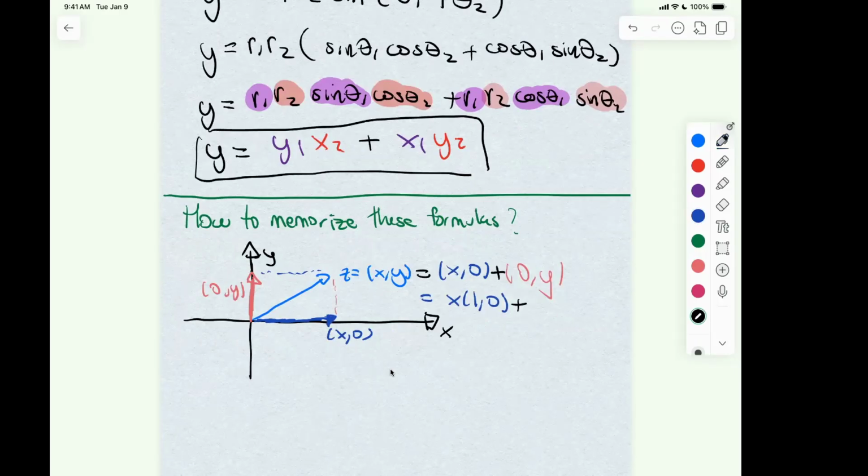Why? Because x times 1 would be x and x times 0 would be 0. And then this would be y times 0 comma 1, because y times 0 is 0 and y times 1 is 1.